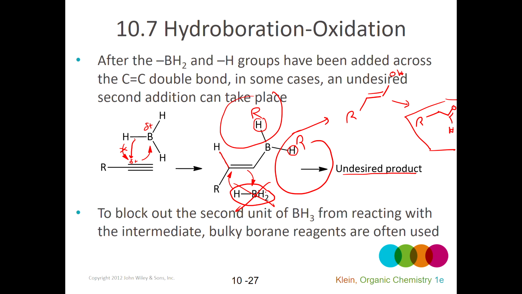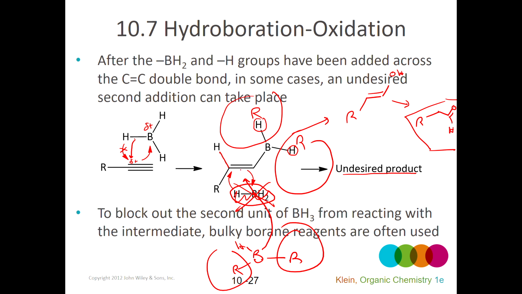Right? So we won't even have BH3 in this. We'll have maybe this BH with these big bulky R groups. And so if one adds with the R groups on there, the other one's really going to have a hard time coming in here, because its bulky R groups will bump into the other one's bulky R groups, and it won't be able to get close enough due to sterics to do a second addition, which is what we want.